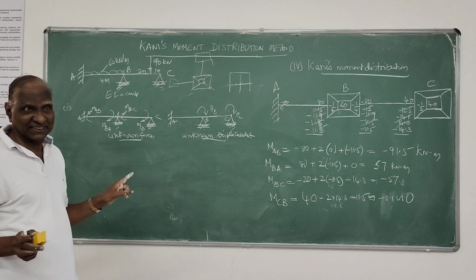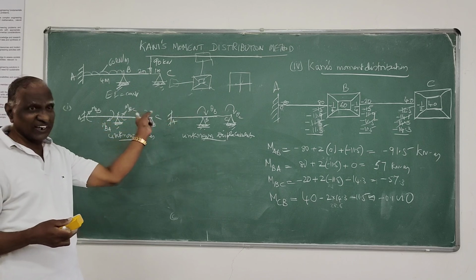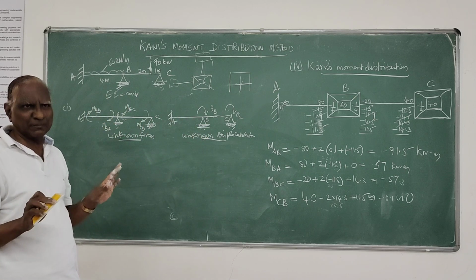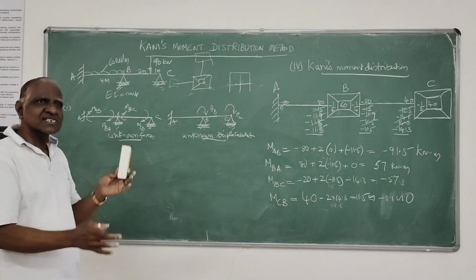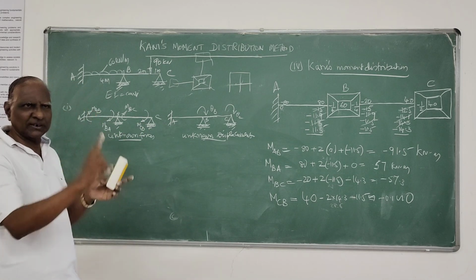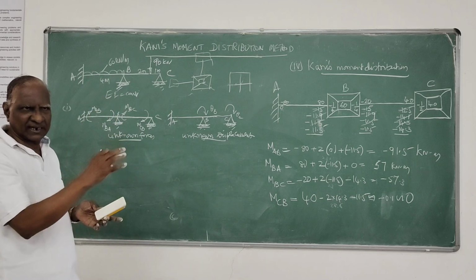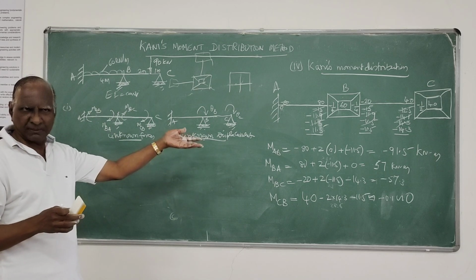Nothing other than that. It looks a little bit confusing, I think. So in whichever way you are doing it, be very clear in your mind what you are doing. That is rotation contribution and sway contribution, because there are only 2 displacements: translation, that is sway, and rotation. Sway will not be there in beams.